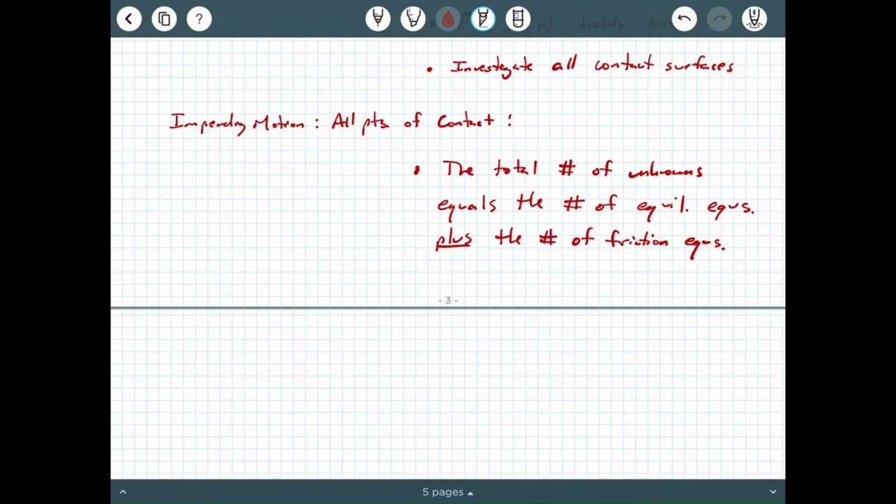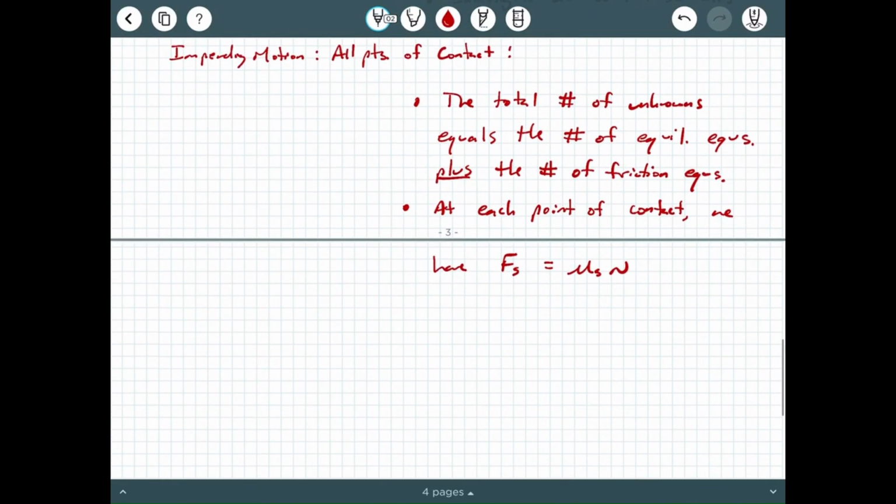F sub s equals mu sub s times the normal force at each point of contact, okay? So those friction equations will give you the additional necessary equations you need to solve for all of the unknowns.